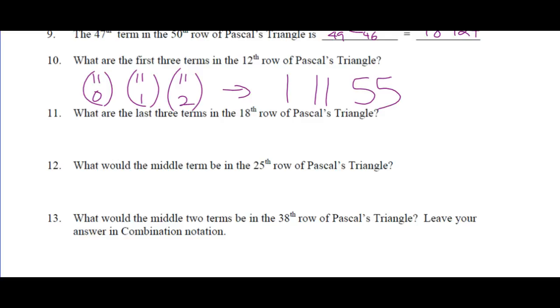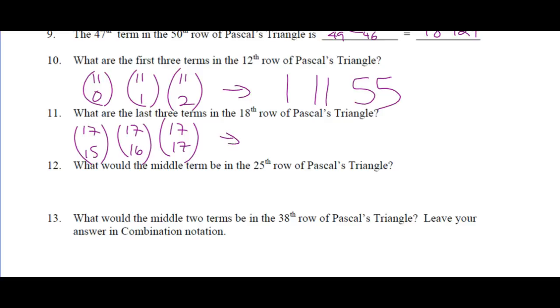What are the last three terms in the 18th row? Yeah, I'm going to write them backwards. So I know it ends with 17 choose 17, and then 17 choose 16, 17 choose 15.